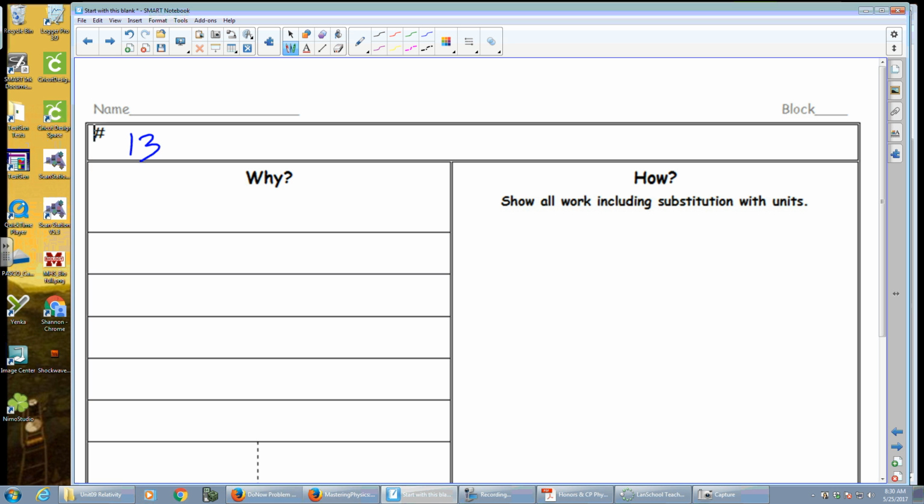So 13, define power. Power, rate of E, and yep, that would be about it. So I know power is energy per time, right? In a resistor, I also know that it's V squared over R, right?